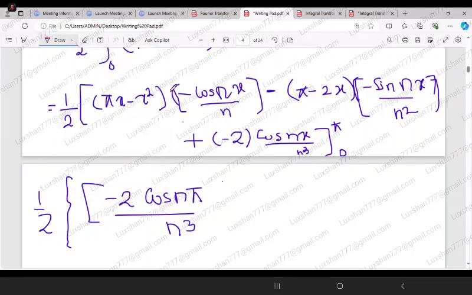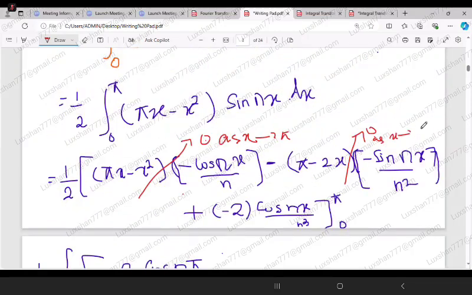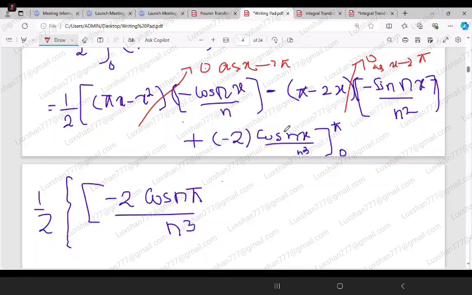So this also goes to 0 as x tends to pi. This also goes to 0 as x tends to pi. Therefore, I will remain with only this term. So I got this one. So I'm substituting x equal pi here. Therefore, I will get minus 2 cos n pi by n cube.